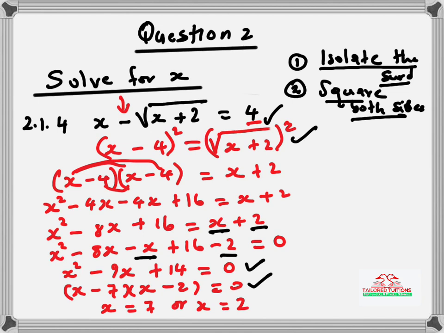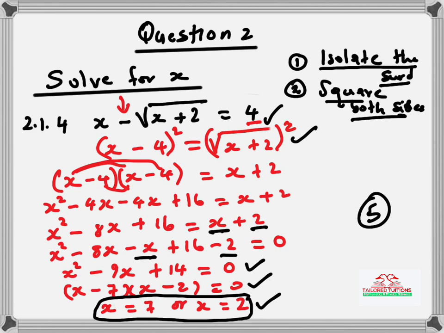And then the last mark, if it is 5 marks, is for getting the solutions and also rejecting the answer which is not relevant to this question.